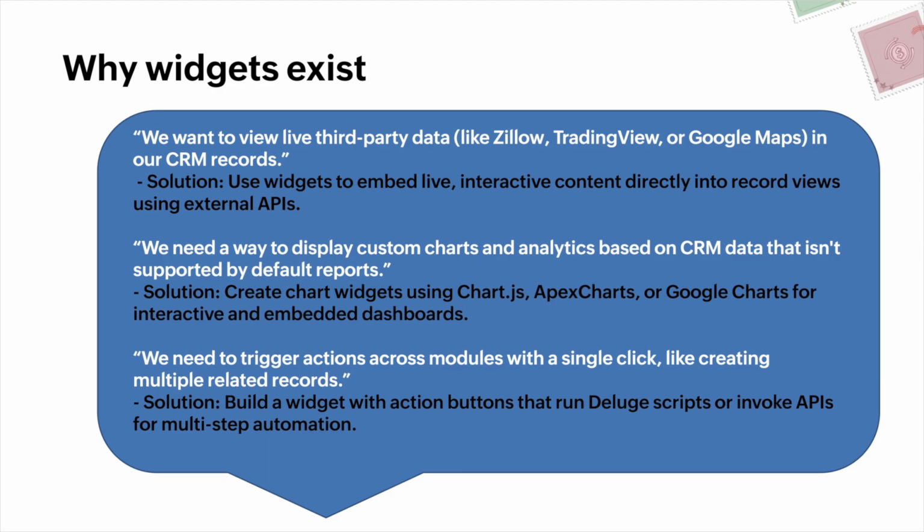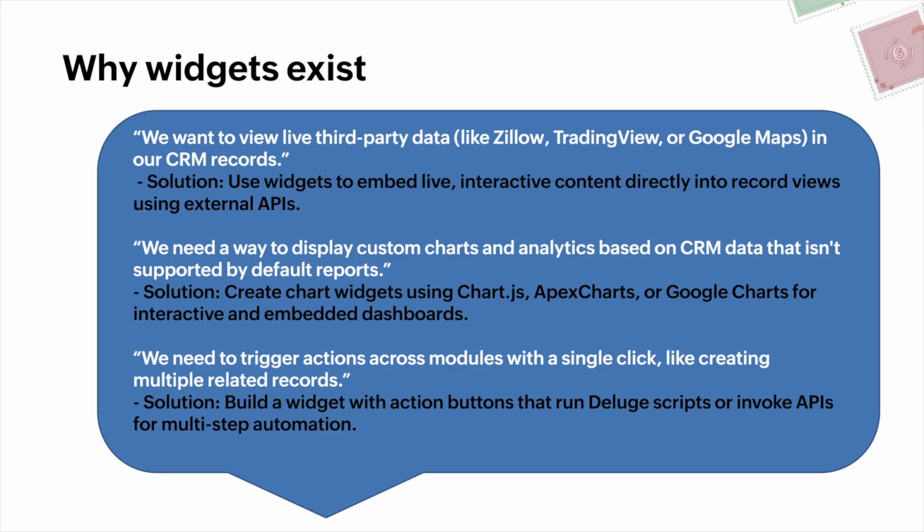Out of the box connectors don't normally work, especially for our larger customers, right? You have very specific things you want to do, and you want to get that data into the CRM. So widgets are capable of executing that code to gather that data, and you can view this however you want within the CRM.